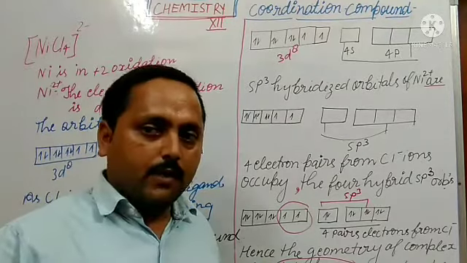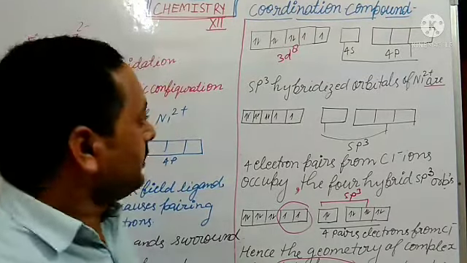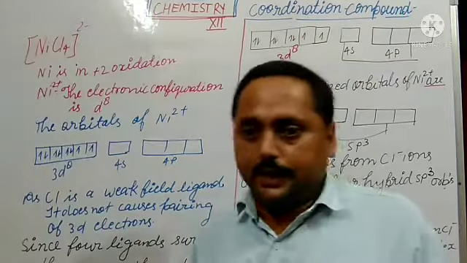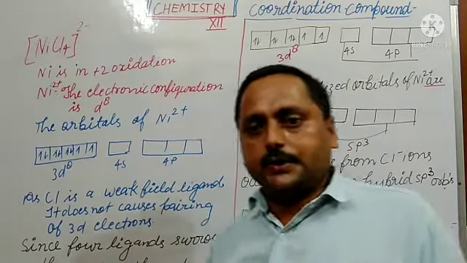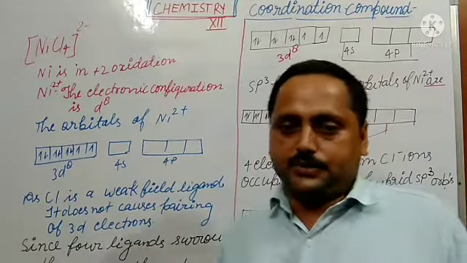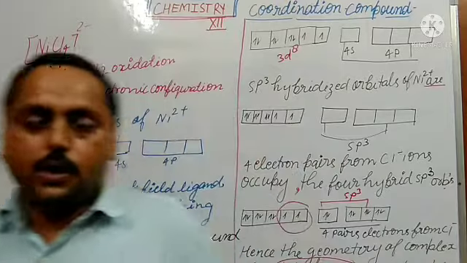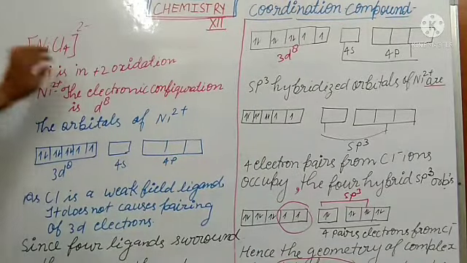So one more time, I would like to summarize it. Valence bond theory helps us in various ways to explain the geometry of complexes, especially coordination complexes. So in this we have taken NiCl4 2-.